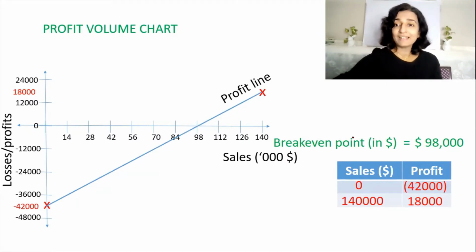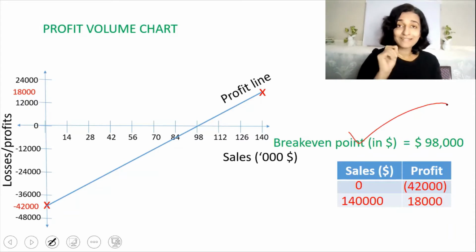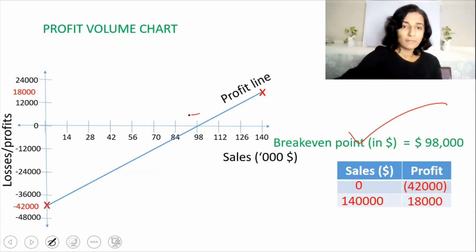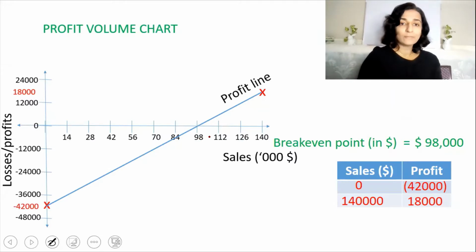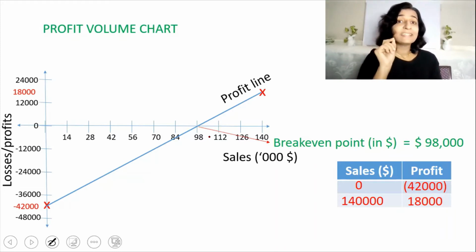Now we've already calculated the break-even point in dollars as 98,000 in the previous class. If you see here, the profit line cuts the x-axis at exactly $98,000. So we mark that point; this is the break-even point in dollars at $98,000. So we've completed the profit volume chart when the goods are sold in the standard sales ratio.